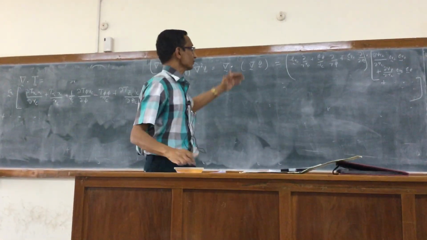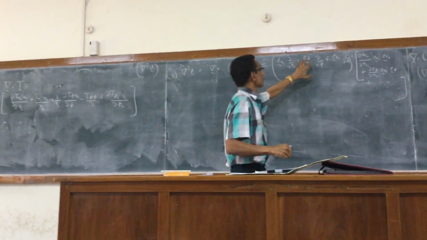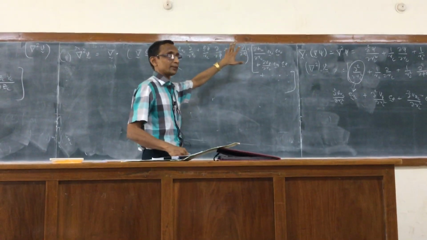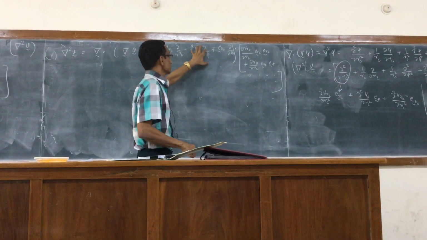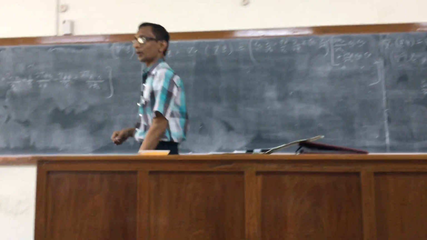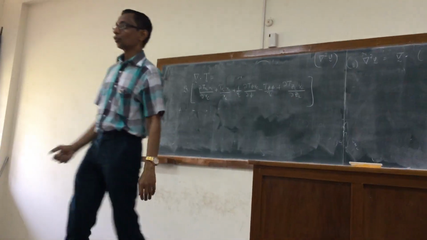So it will be a good exercise for you to please try primarily the terms involving the phi, because the others would be easy to write down. There is an operation involving d by d phi on each one of these three terms. You can see how to do that.